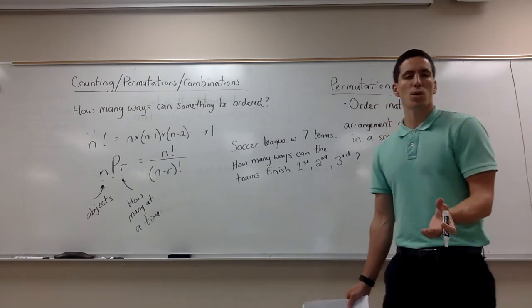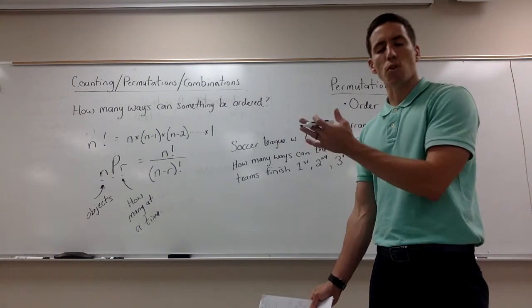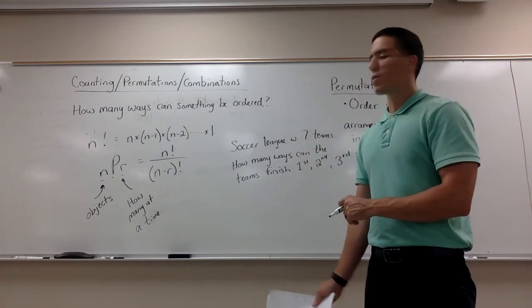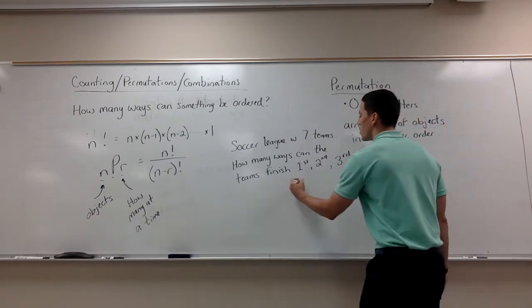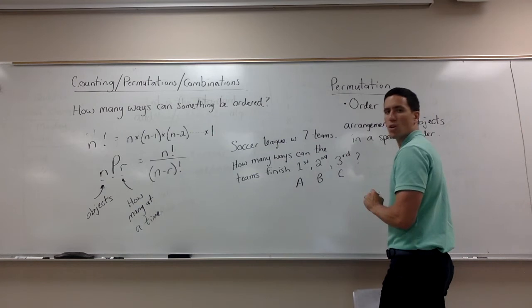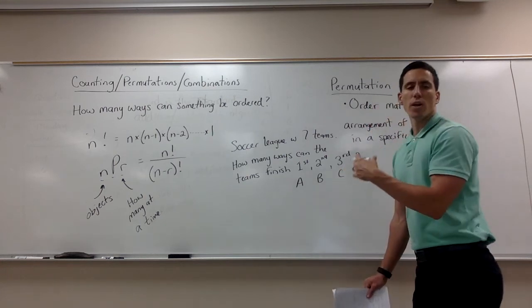Okay, so you see where we're going with this. Let's just say that the names of the teams are A, B, C, D, E, F, G. Well, A could finish first, B could finish second, and C could finish third. Or it could be B, D, F, or it could be C, E, A, so on and so forth.